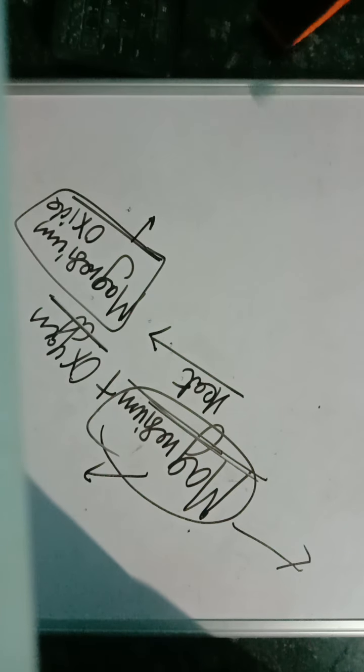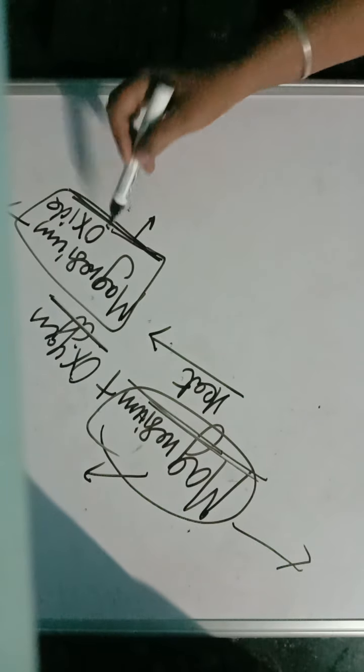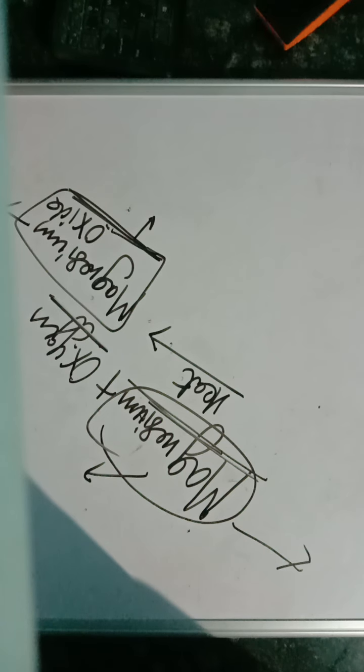If we have a magnesium ribbon, there is definitely an oxide formation when it reacts with oxygen. So to get to the surface of the magnesium ribbon, we need to rub it before it is burnt. Before burning in air, magnesium ribbon is cleaned by rubbing with sandpaper. This is done to remove the protective layer of magnesium oxide.